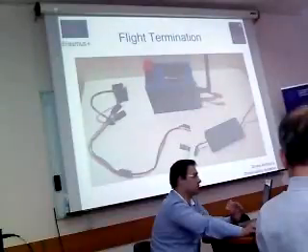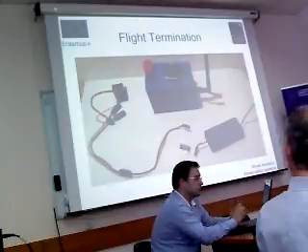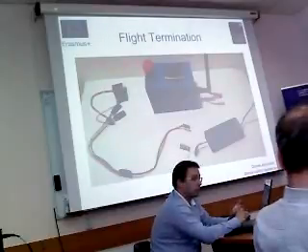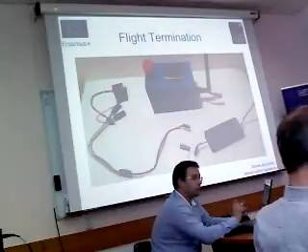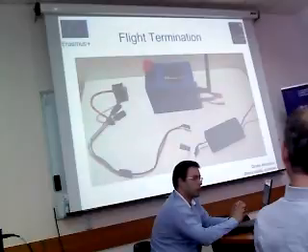The other option is a flight termination system. This device looks like a small box, but it gives you a simple button to terminate all operations and functions of the drone. So in short, it cuts the power and the remote control unit responds.